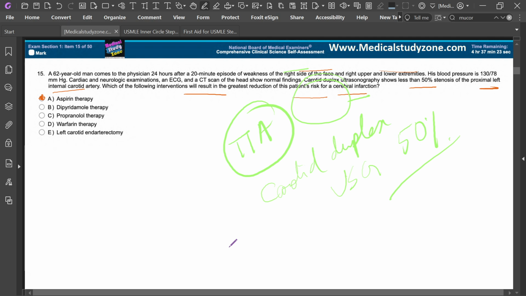Emboli can come from a proximal vessel such as the internal carotid artery, or from arterial thrombus. After TIA, measures for prevention of ischemic stroke should be enacted.